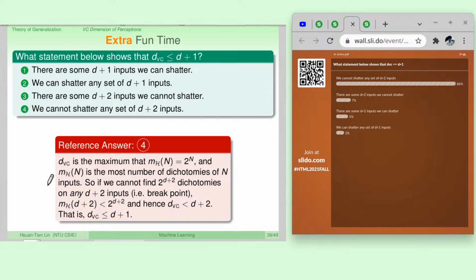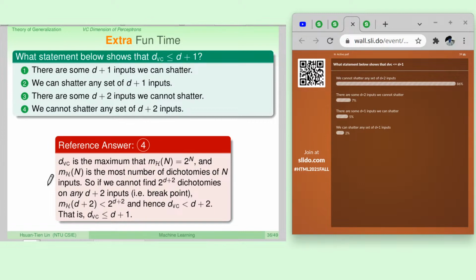Now, some of the confusion are from choice 3 and 4. We cannot shatter any sets, or we cannot shatter some sets, or some of the inputs. Well, if we're just talking about some cases, for example, 3 input vectors not in general position but on a line, or even worse, input vectors that are duplicates with each other, you can see that we cannot shatter those points.